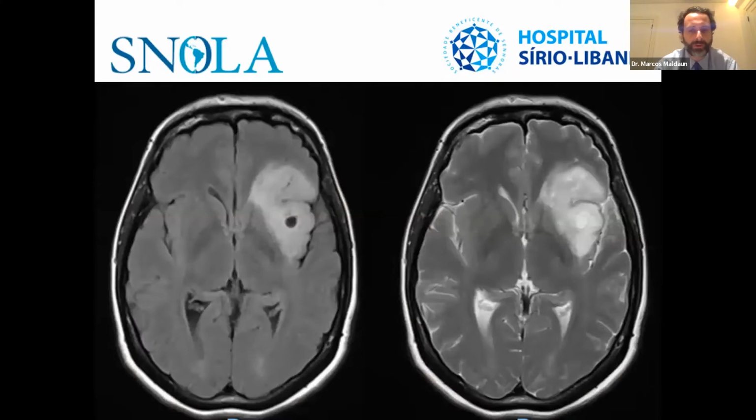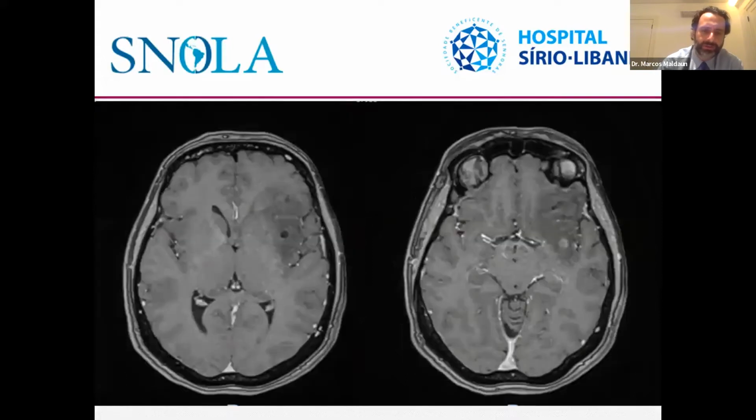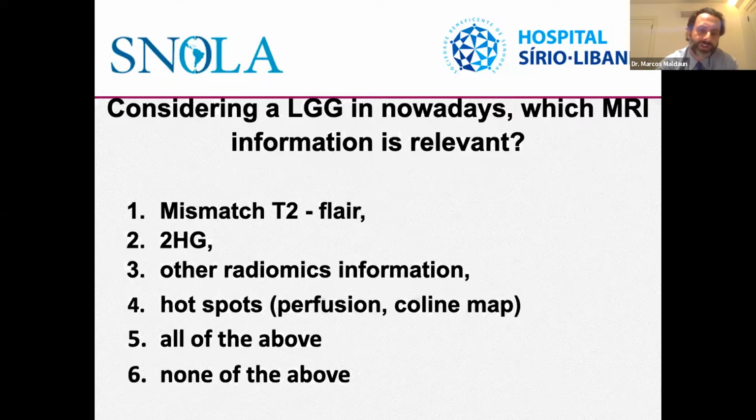tumor with no mismatch so far, comparing FLAIR and T2, and there is maybe some hotspot in the posterior part of the insula. And the first question and the first issue that we would like to address is, we had Dr. Ballester's presentation giving us some radiology and pathology information.